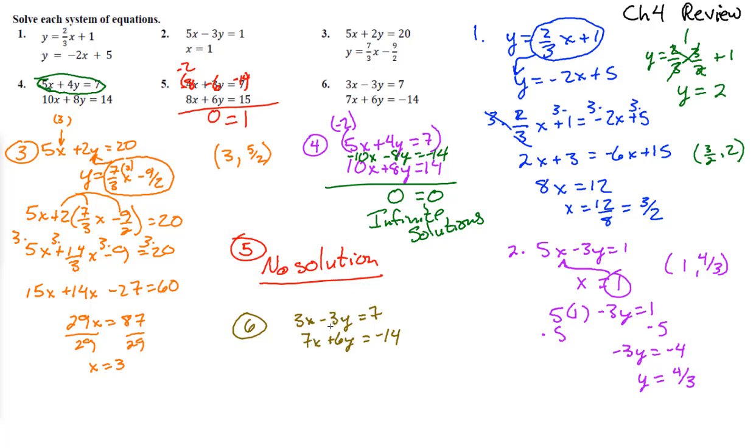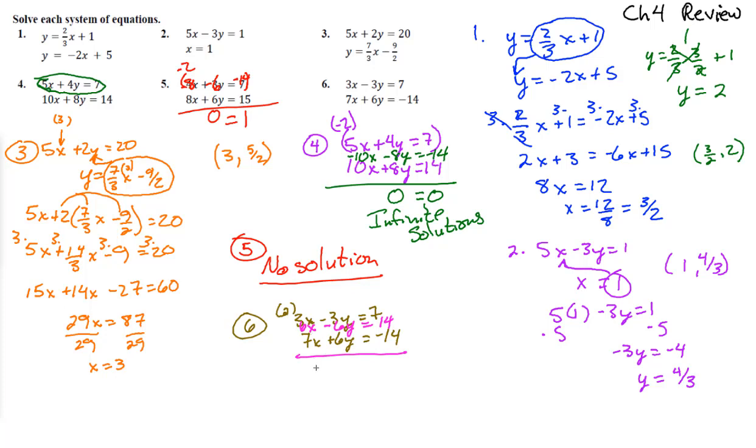So let's times by 2 and get rid of the y's. Multiply by 2 up here, and let's rewrite that in a different color. That's 6x and negative 6y. Good, the y's will go away. Equals 14.